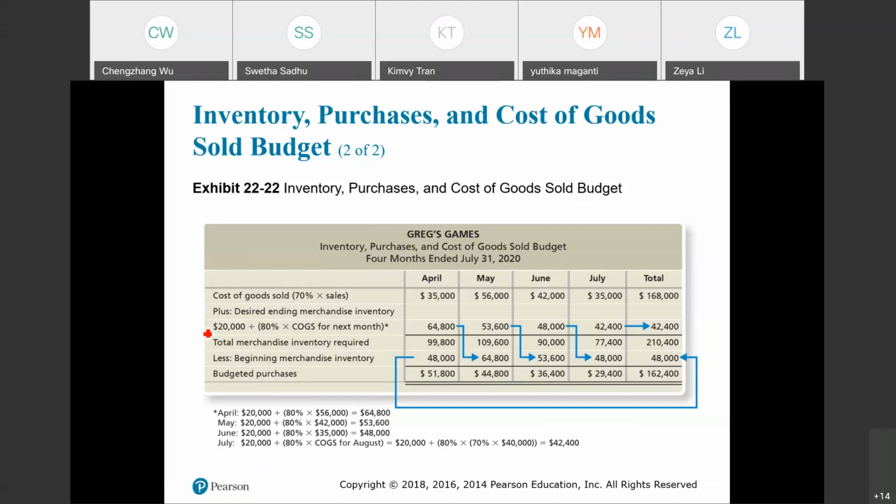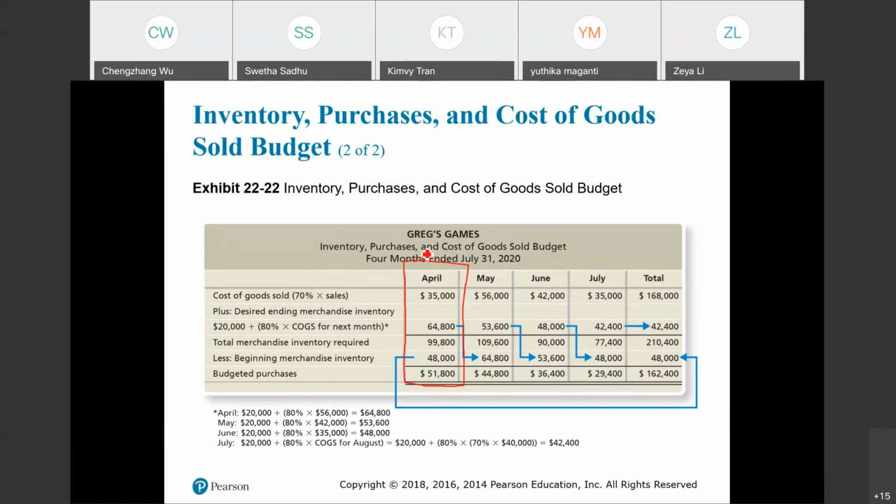Okay, this is the budget for inventory purchases and COGS. How much inventory does this company need to purchase? Let's take this month, April, for example. Let's start with COGS.